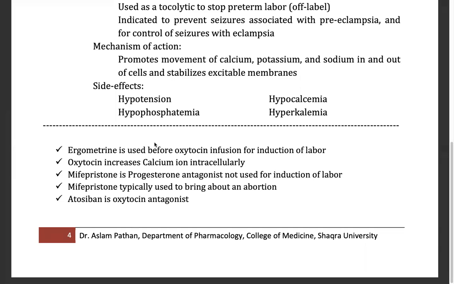So it is also used to prevent postpartum hemorrhage. So for the induction of labor in full term pregnancy, give the ergometrin and then oxytocin.